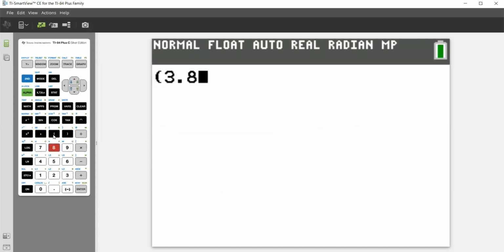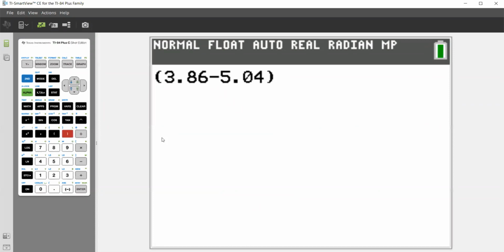All right, 3.86 minus 5.04. And notice I put the numerator in parentheses, all right? That's very important to do that. Otherwise, you could end up with a calculation error here. You're going to end up calculating the wrong thing. So make sure that the denominator you put in parentheses also.